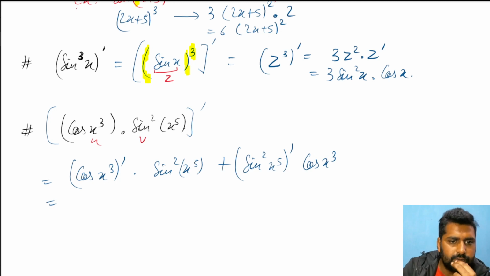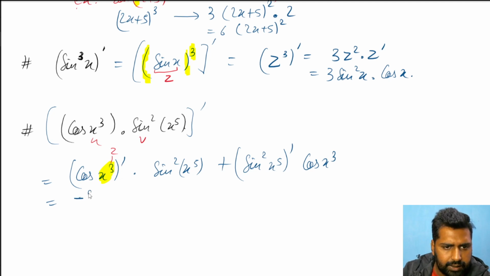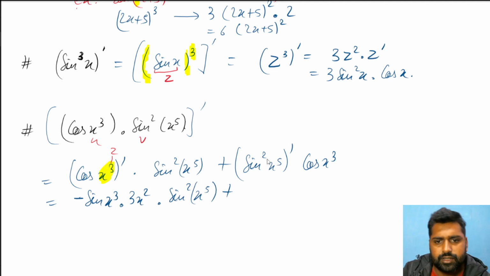Differentiation of this will require: the first function is cos, leave it, and whatever is inside, consider it to be my z. So what is the differentiation of cos z? Minus sine z into z dash. So the differentiation of x cube is 3x square, and sine square x raised to power 5 as it is, plus the differentiation of sine square x raised to power 5.